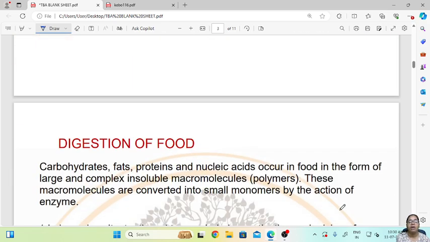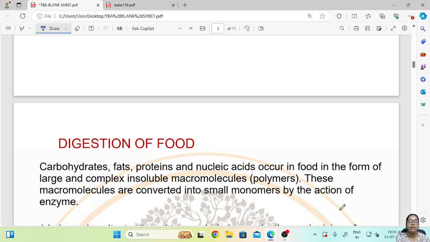Now let us see how the digestion of food happens through these glands. Carbohydrates, fats, proteins and nucleic acids occur in food in the form of large, complex, insoluble macromolecules, that is, polymers. These macromolecules are converted into smaller monomers by the action of enzymes. Where are these enzymes produced? They are produced in the specific glands of the digestive system which we have just seen.